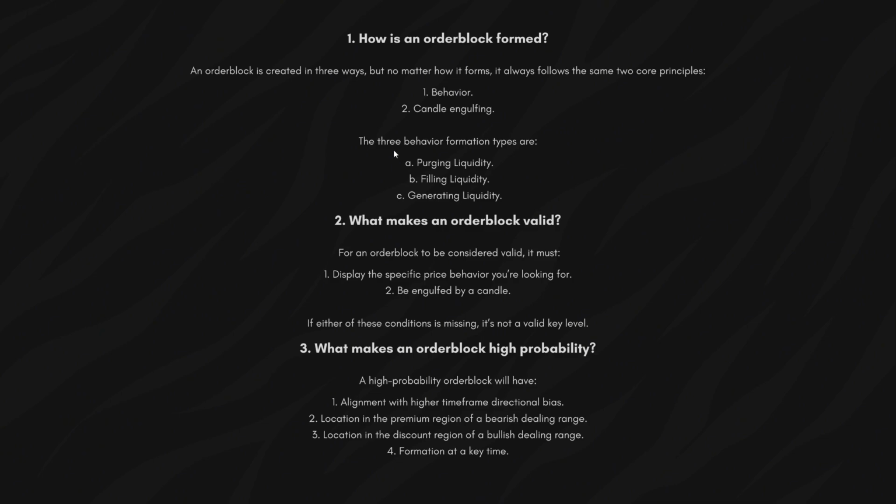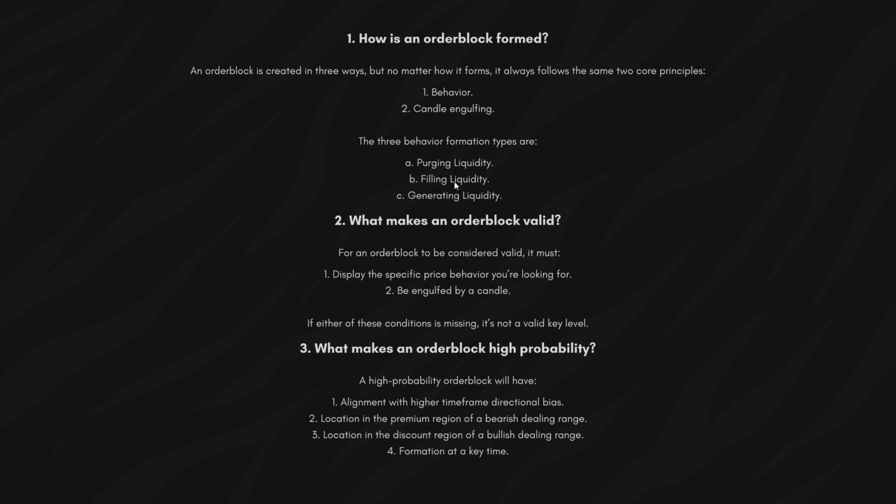Now, the behavior part itself comes in three forms. First of all, purging liquidity, or you could say a candle purging liquidity above a high or below a low. And when a candle shows that type of behavior, that could lead to that candle becoming a valid or a proper order block. The second behavior is filling liquidity, and filling liquidity basically means testing a key level.